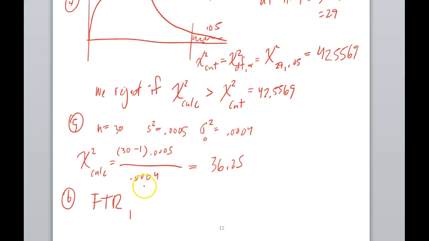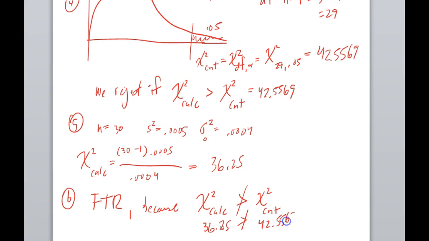There's no reject accept. You either reject or you fail to reject. We fail to reject because chi-square calc is not greater than chi-square crit, and that's 36.25 is not greater than 42.5569.